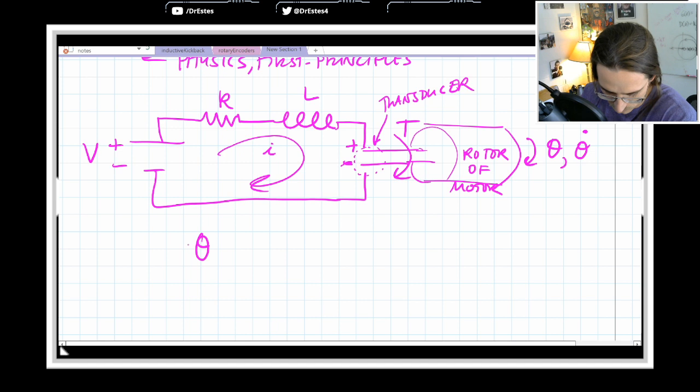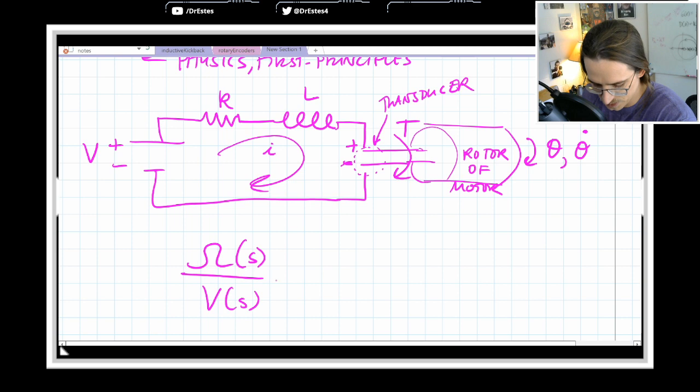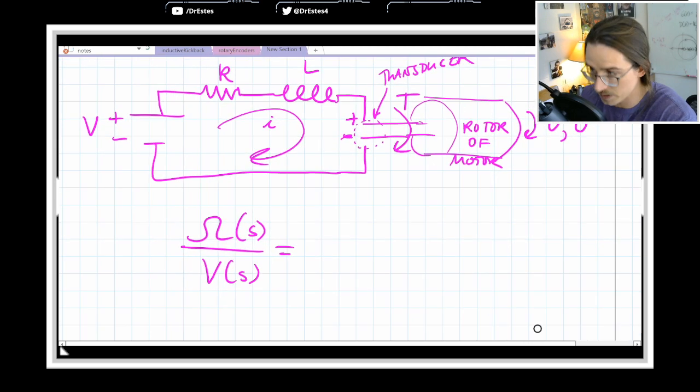I'll call omega the speed of the motor, and let's put it in the Laplace domain. If you don't like differential equations, you definitely don't like the Laplace domain. But this is just a truncated way of writing this model.